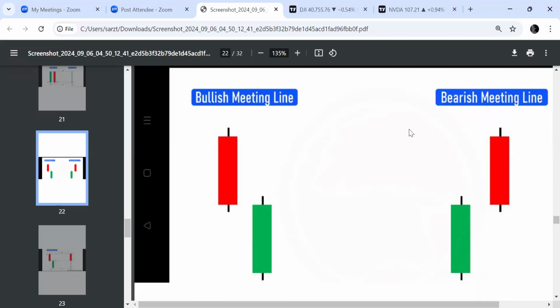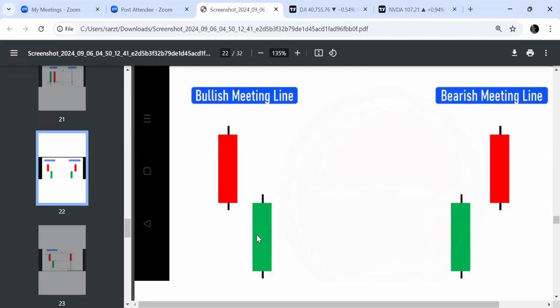In a downtrend, it's very common to see a red candle indicating continued selling pressure. However, in the bullish meeting line, the next candle opens with a gap down, suggesting further bearish sentiment. At this point, we might expect the price to continue dropping.